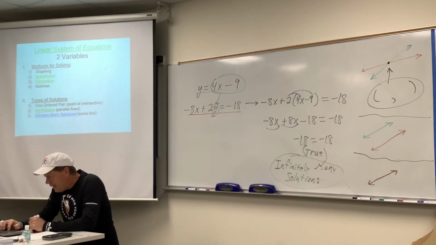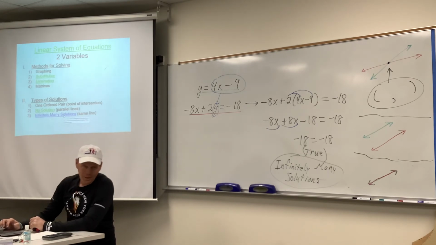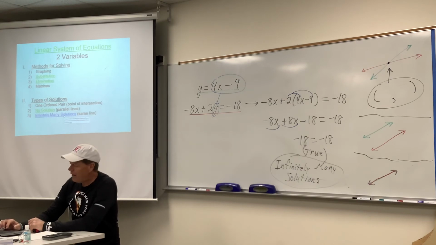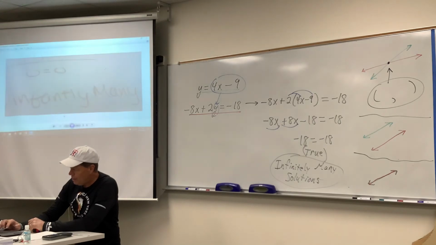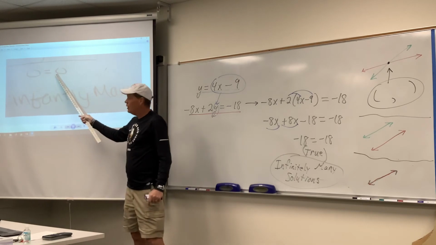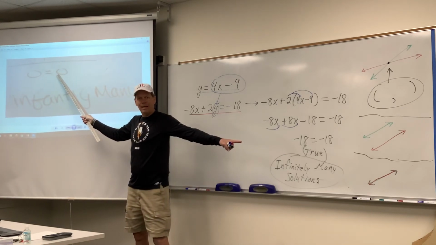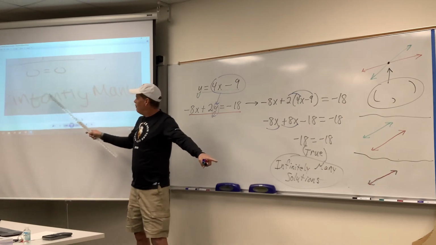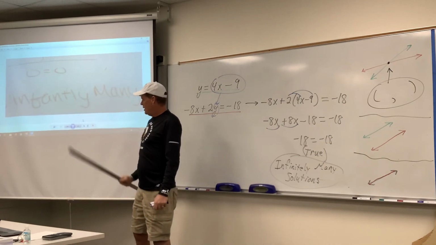But anyway, I want to share with you, as we leave this, one of my favorites. I don't know if you'll be able to see it very well, but one time a person on their paper got 0 equals 0, which would be just like that, infinitely many solutions. And this person wrote infinitely many.